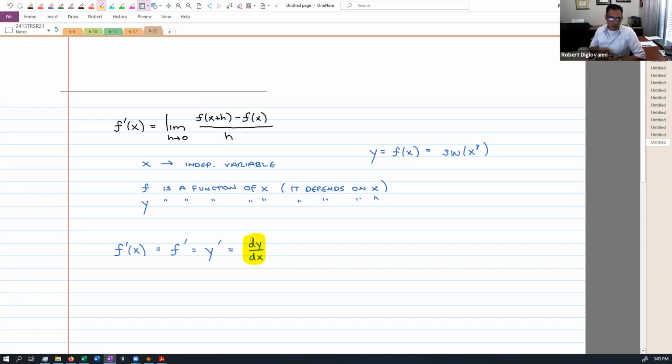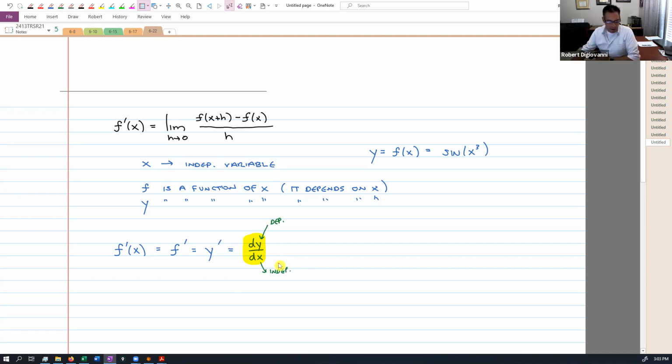And when I told you about the Leibniz notation, I told you that there were certain advantages and disadvantages to the notations. Leibniz notation has something in particular that becomes very relevant now. And that is this expression dy over dx. What it shows you in the problem is the dependent variable and the independent variable.